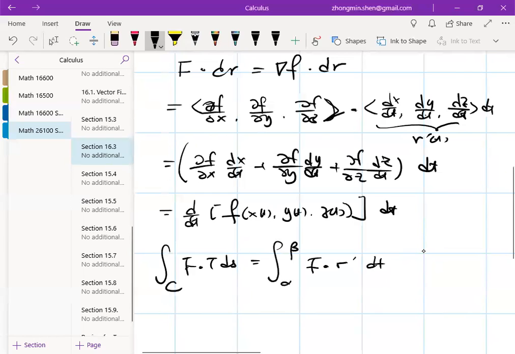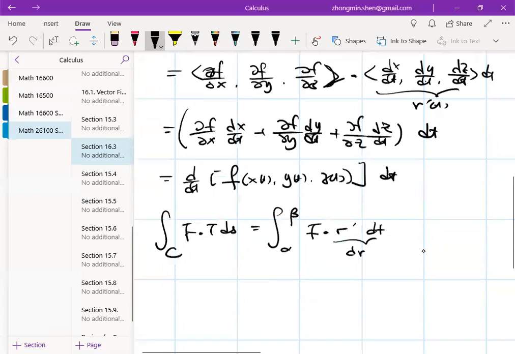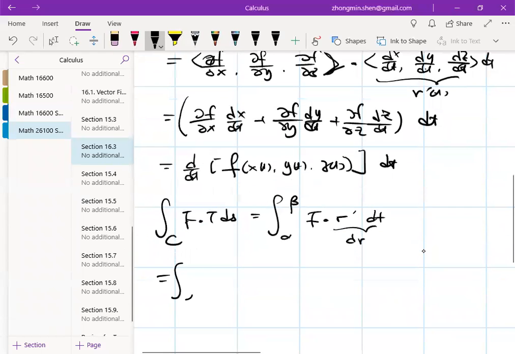Yeah, this is just dr. And then according to our computation, this is going to be the derivative of the function composed with r, and then dt.